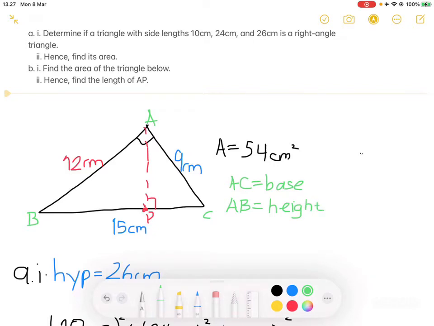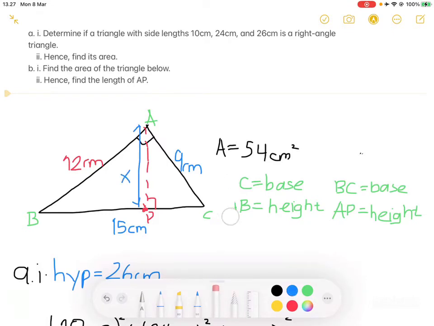However, if we look at BC as the base and AP as the height, we are going to theoretically get the same answer, which is 54 centimeters squared. So we can form an equation in terms of the length AP, which I'm going to suppose will be x.